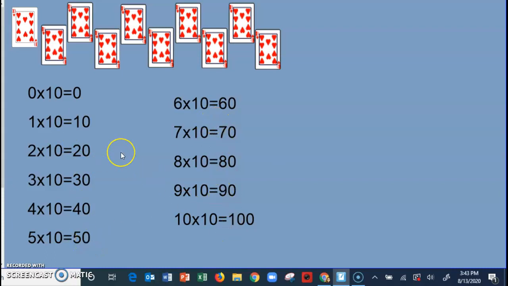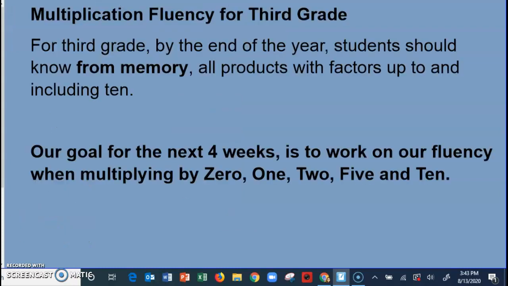Now, why is all of this important? Well, multiplication fluency for third grade. For third grade, by the end of the year, and make sure you hear that part, by the end of the year, students should know from memory all products with factors up to and including 10.